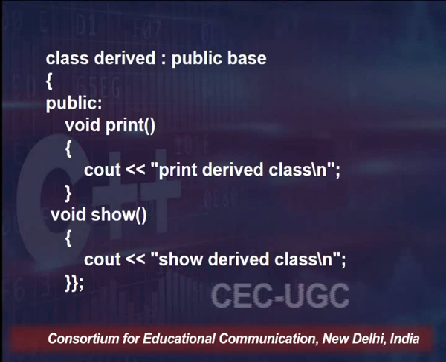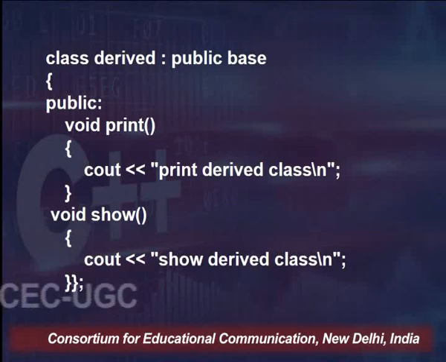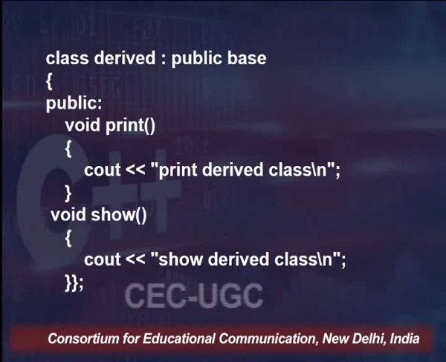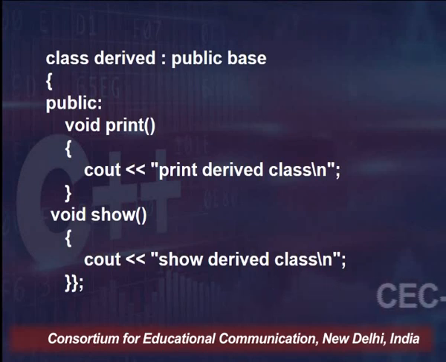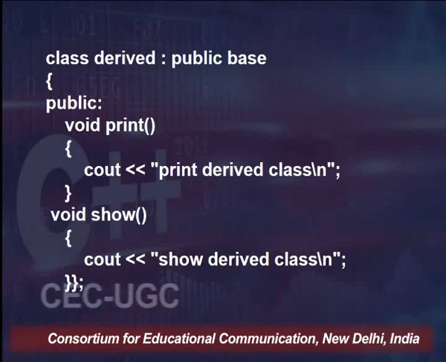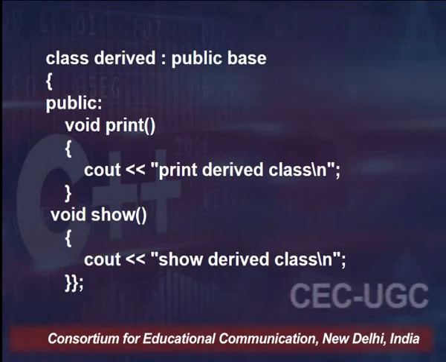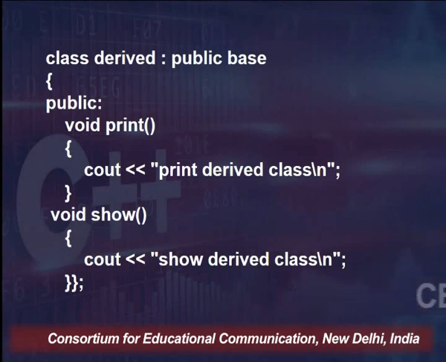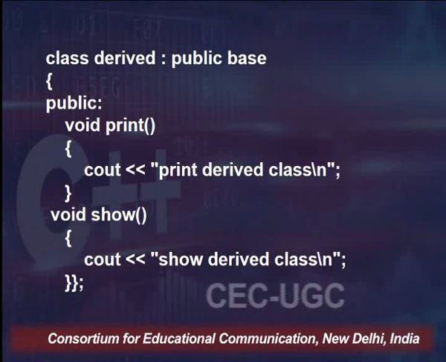Please recall that both these functions, with the same signatures, the same parameters and the same return type, are already defined inside the base class. The only difference is that the print function has been declared virtual inside the base class, while the void show function is declared as a normal, non-virtual function.